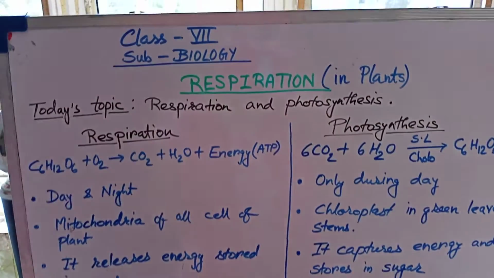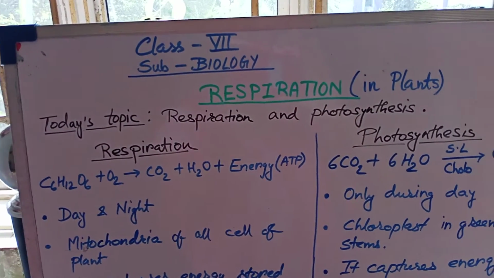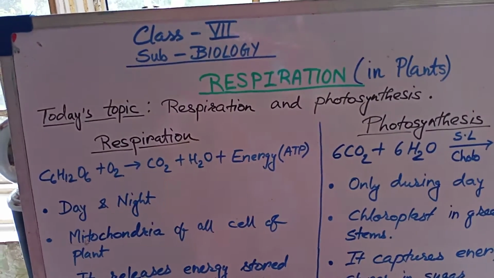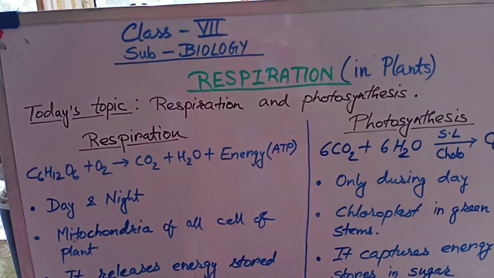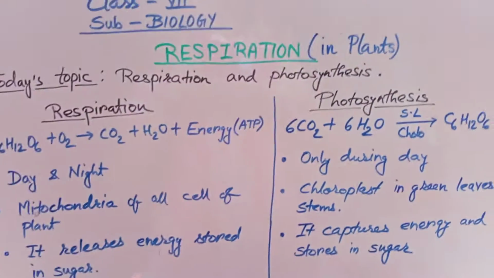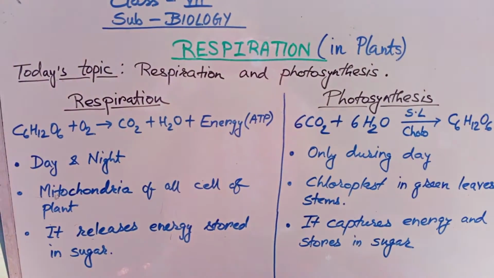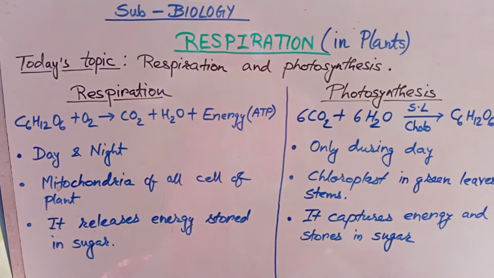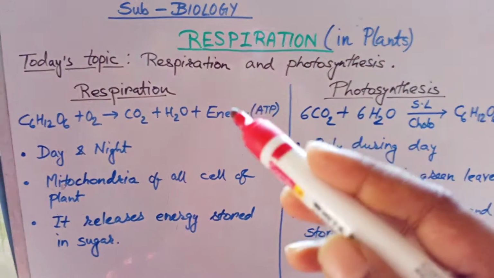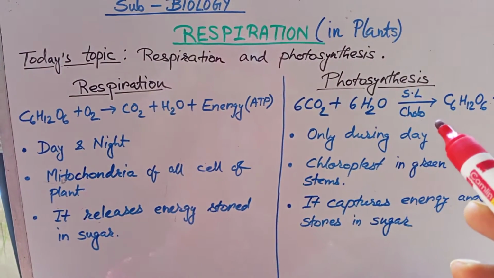Now children, in animals this process of exchange of gas occurs in one step. That means oxygen is taken in and carbon dioxide is given out. But in plants, this gaseous exchange occurs in two steps: one process is respiration and the other is photosynthesis.